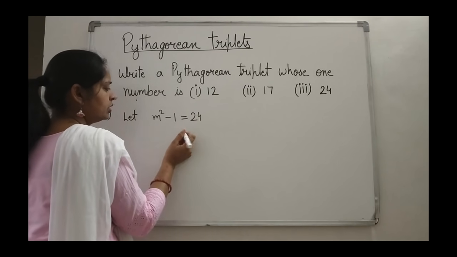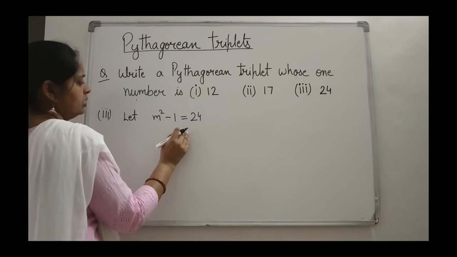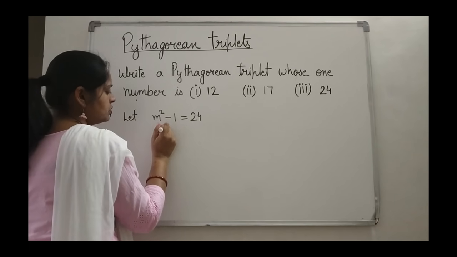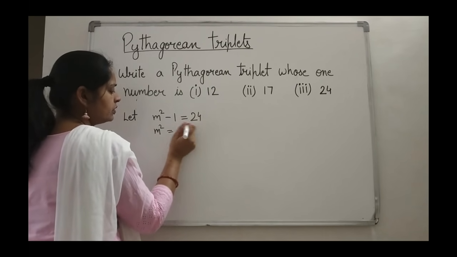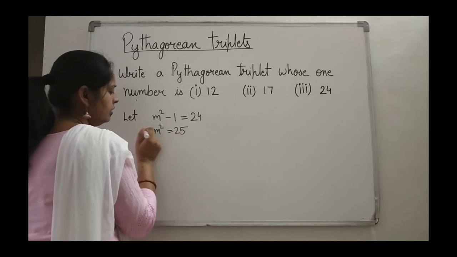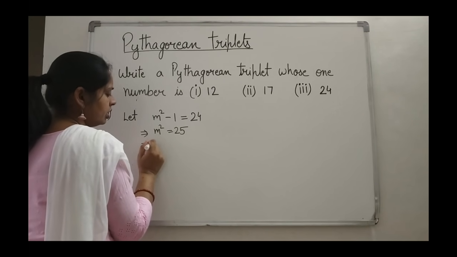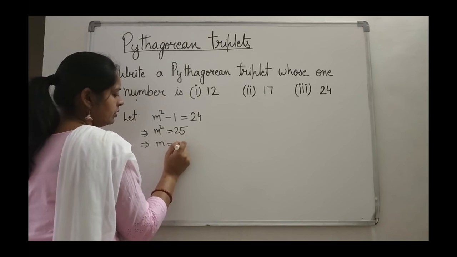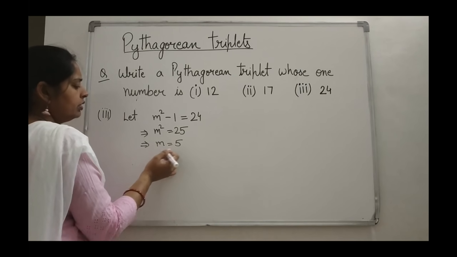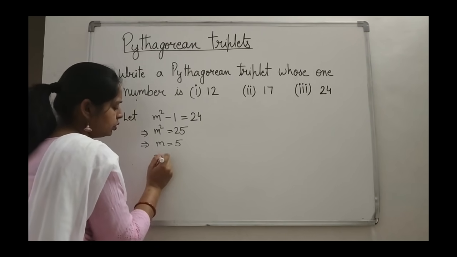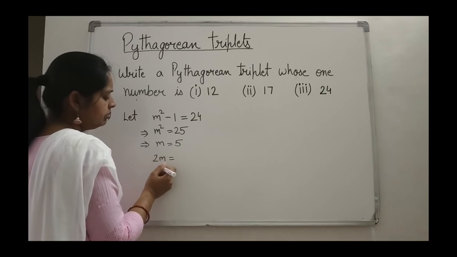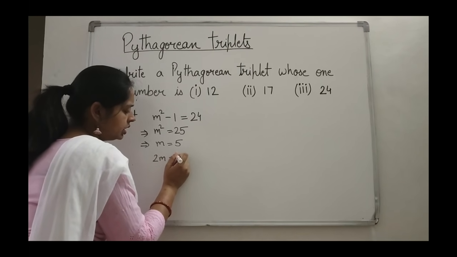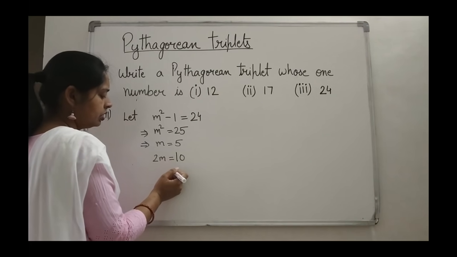So m square is 24 plus 1, that is 25, and m is equal to 5. Now I have the m value, so I will get the value for 2m, the first term. 2m is 5 twos are 10. So I got 10.